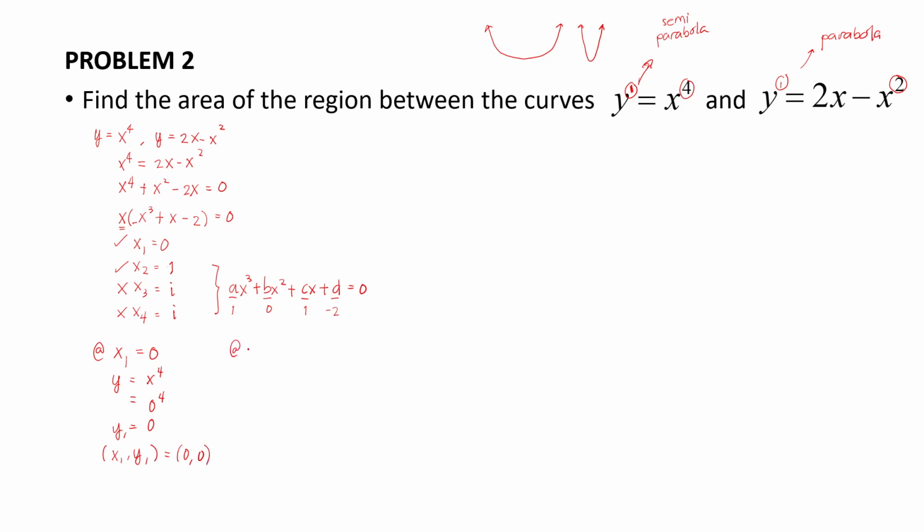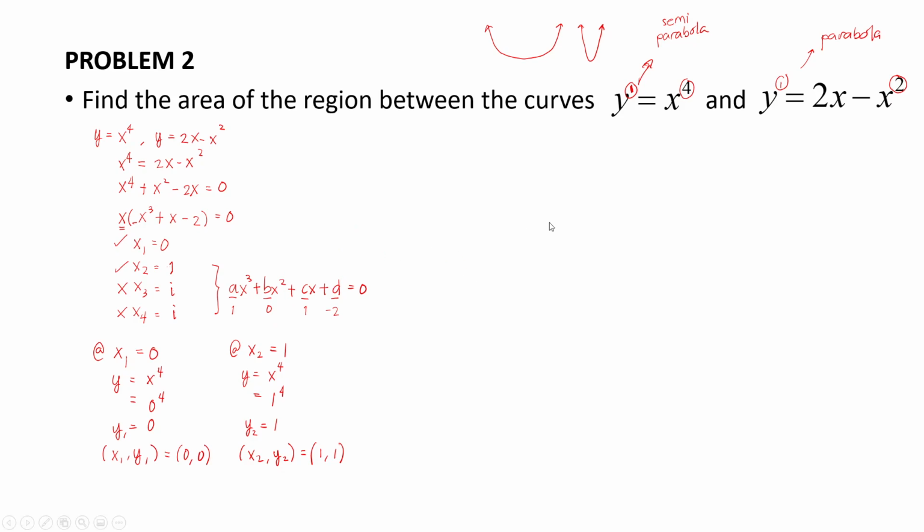At x sub 2 equals 1, y equals x to the power of 4, so your y value is equal to 1. This is y sub 2. So x sub 2, y sub 2 is 1 and 1. Okay, so you now have 2 points of intersection.